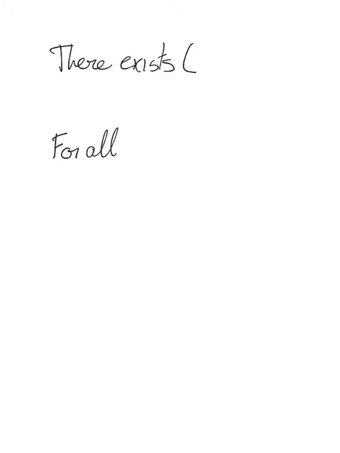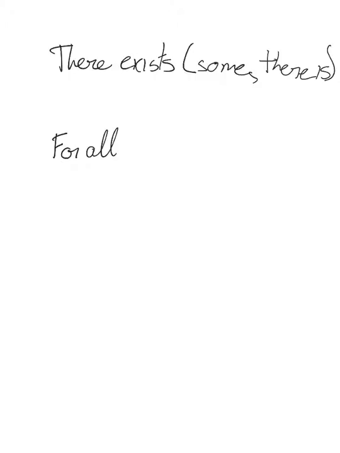So the next topic I want to cover on negation is negating quantifiers. The two we're going to be focused on are there exists and for all. There exists can be written as some or there is.